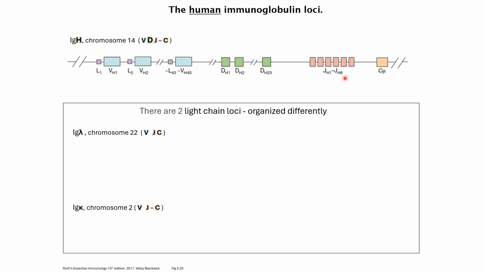And what happens is that recombination occurs between these in order to select one J and recombine it randomly with one D. So any one of these 6 J segments may recombine with any one of these 23 D segments. So if you remember from simple combinatorial probability, that means that we have 6 multiplied by 23 different possible combinations that we can get from this.